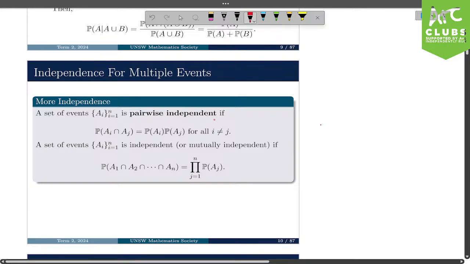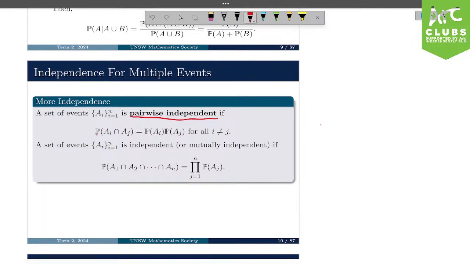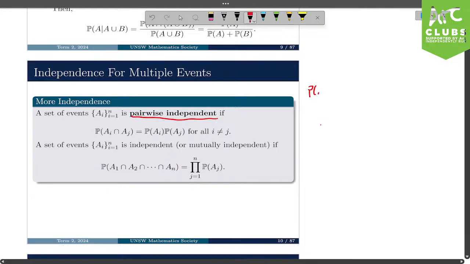So a set of events is pairwise independent if for all Ai and Aj, the probability of Ai intersect Aj equals the probability of Ai multiplied by the probability of Aj, for all i not equal to j. Right, so, well, we just saw that two events are independent if the probability of A intersect B equals the probability of A times the probability of B. So this is just like a generalization of pairwise independence.